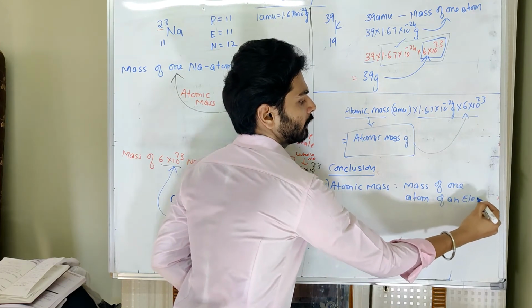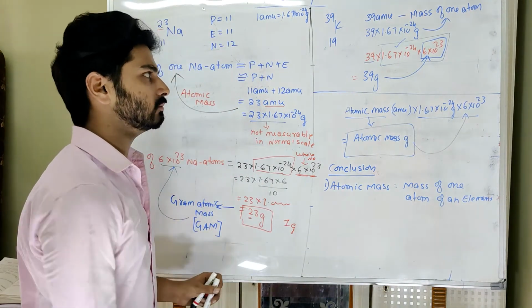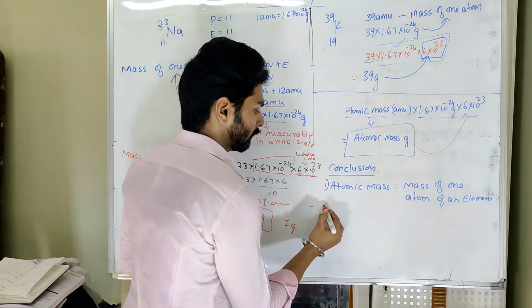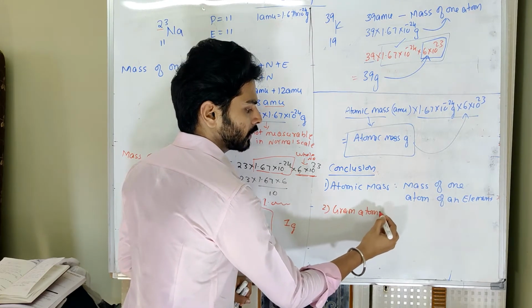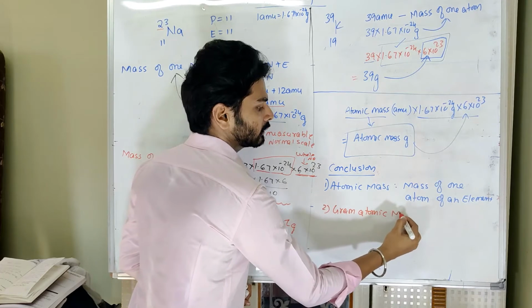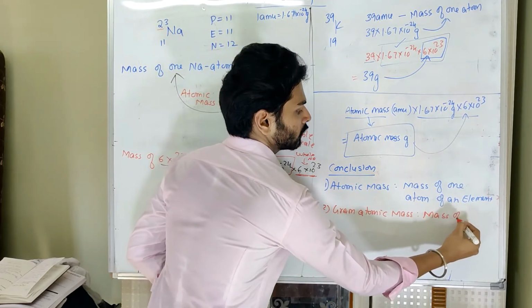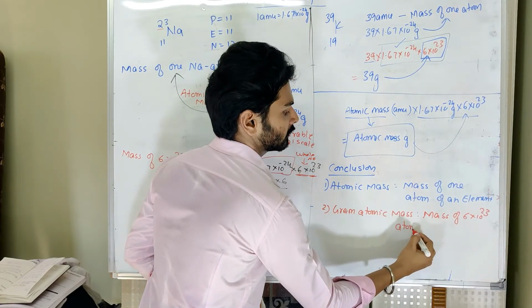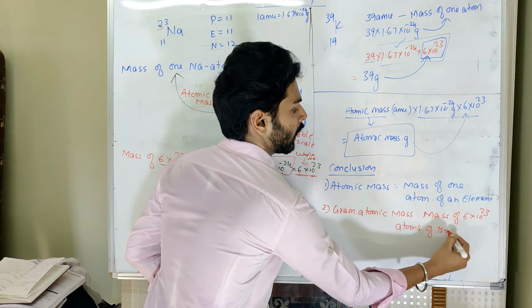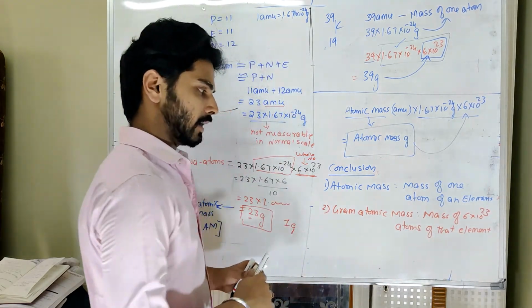That can be expressed in AMU or gram. Gram atomic mass is nothing but the mass of 6 into 10 raised to 23 atoms of that element. Now this will always be in grams.